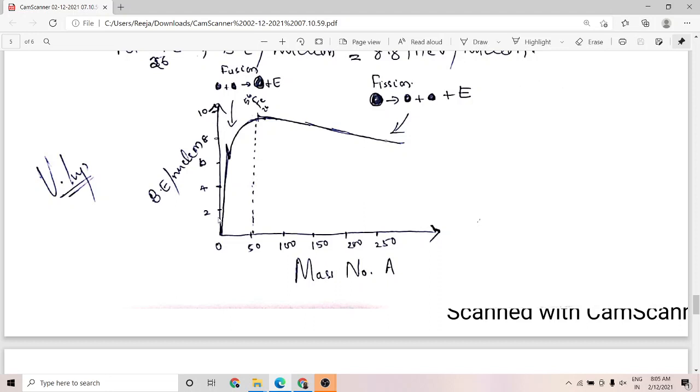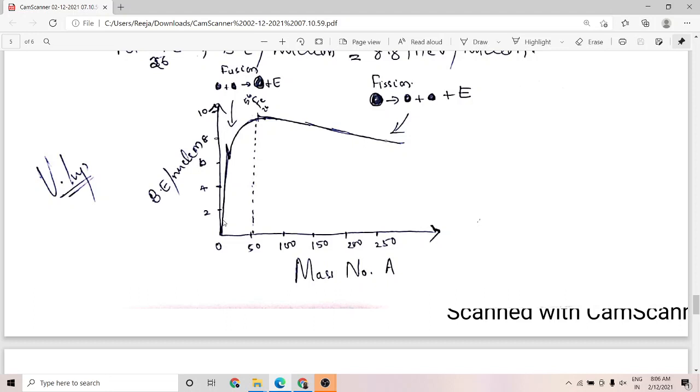So this is the very important binding energy per nucleon curve plotted against mass number, which shows that lighter nuclei are less stable and heavier nuclei are also less stable because they have low binding energy per nucleon.